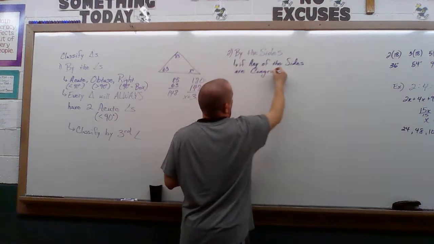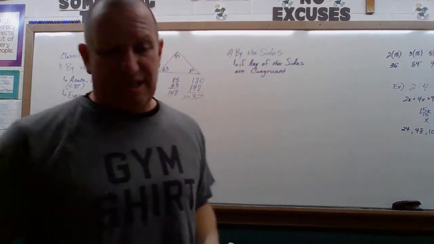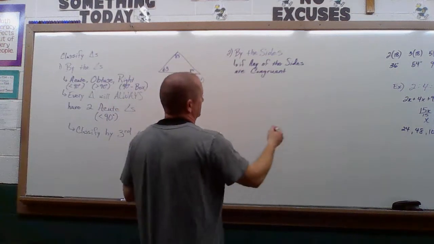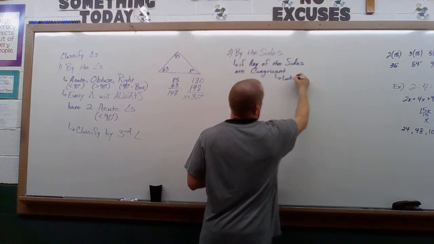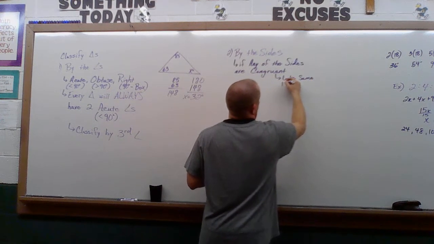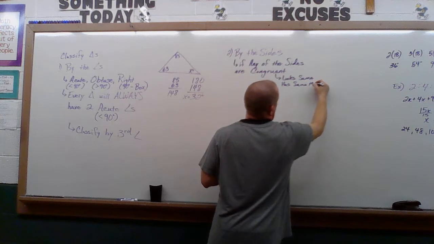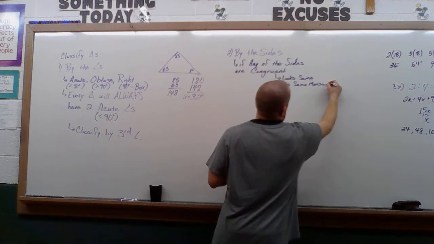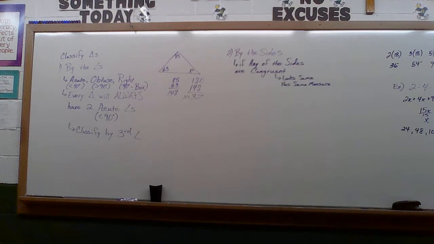So this is another word that might be new to you, but congruent just means that they're the exact same measure. Okay? So it looks the same or has the same measure. All right? So that's going to tell you that they are congruent.